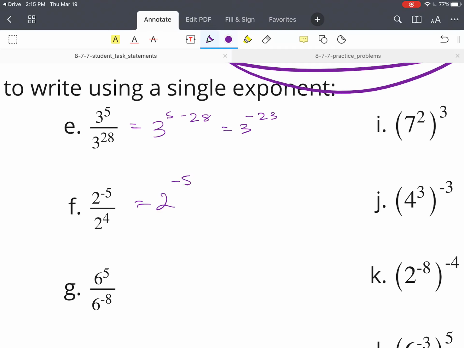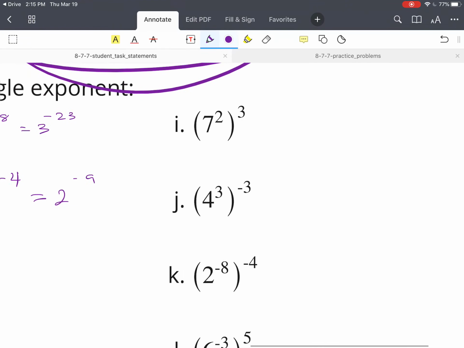Similarly, this is subtracting, so it's going to be 2 to the negative 5th minus 4. Negative 5 minus 4 is a negative 9. And then we're taking a power to a power, so we multiply the exponents. We're taking a power to a power, so we're going to multiply the exponents.